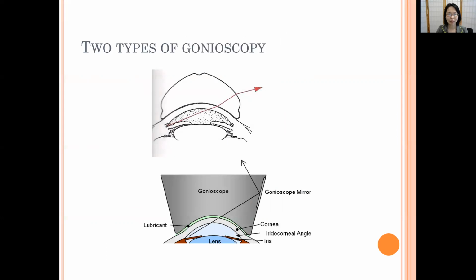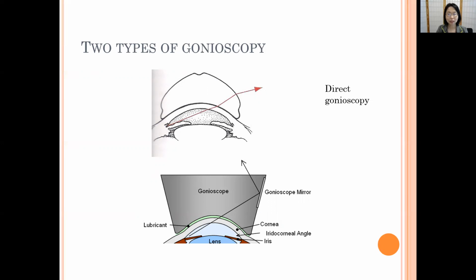There are two types of gonioscopy. There's direct gonioscopy, which uses a high condensing lens with a high index of refraction. This is usually done when a patient is lying flat under general anesthesia, and you walk around the patient's head with a portable slit lamp because the light is traveling to the outside part of the eye.